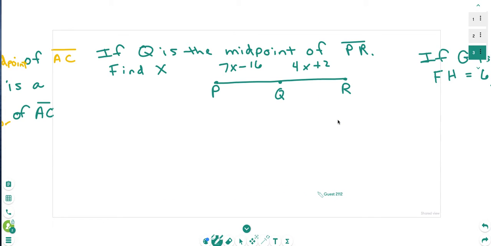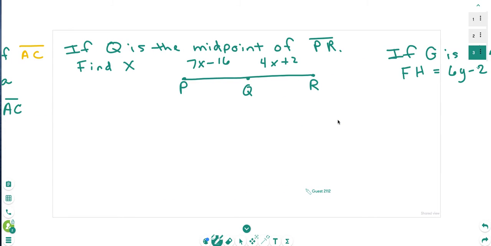Now, if we use that information, we can find the lengths of the line segments. We can also find the lengths of the two line segments that are congruent. So let's use that information to find X. We know that Q is the midpoint, which means PQ is going to be congruent to QR.